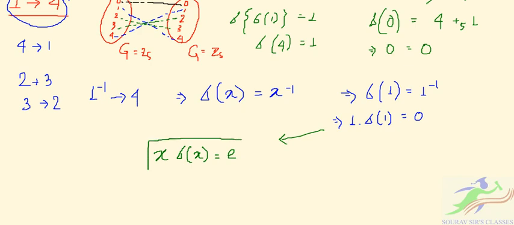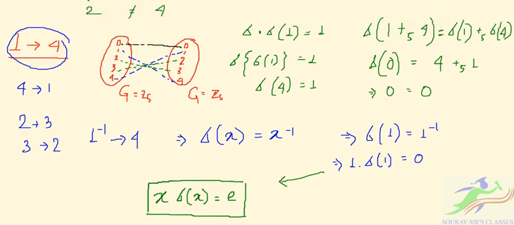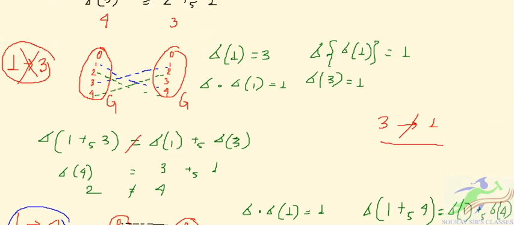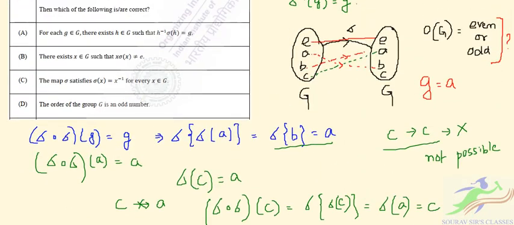So from the options you can see that, in our case option C will hold true. Let's check with option C first. So it's satisfying the relation, this phi x is equal to x inverse, and you can see this x inverse.